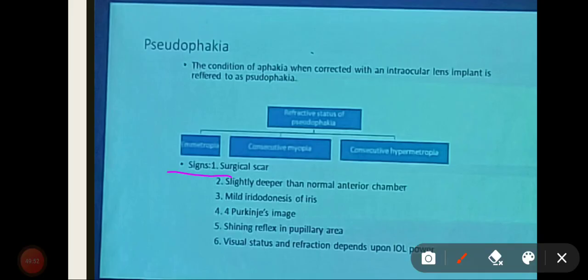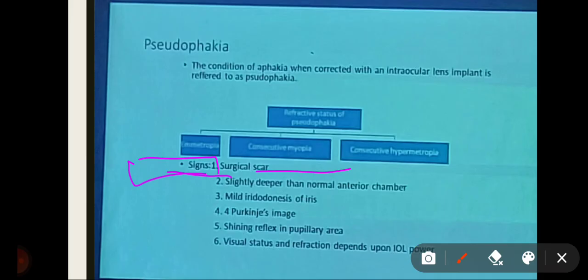So what are the signs of pseudophakia with a posterior chamber intraocular lens? The surgical scars may be seen near the limbus. The anterior chamber is slightly deeper than normal. Mild iridodonesis, that is tremulousness of the iris, may be demonstrated.